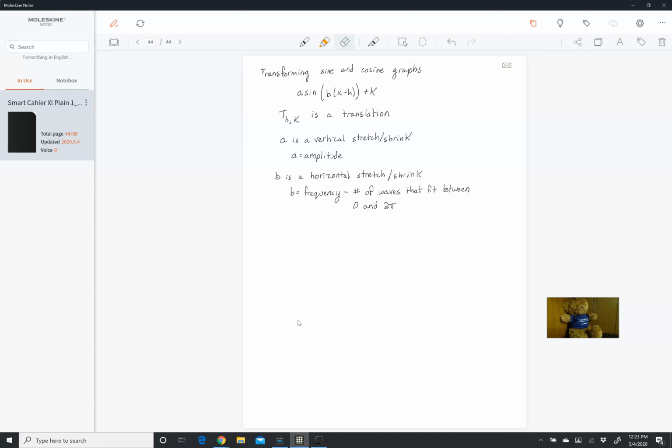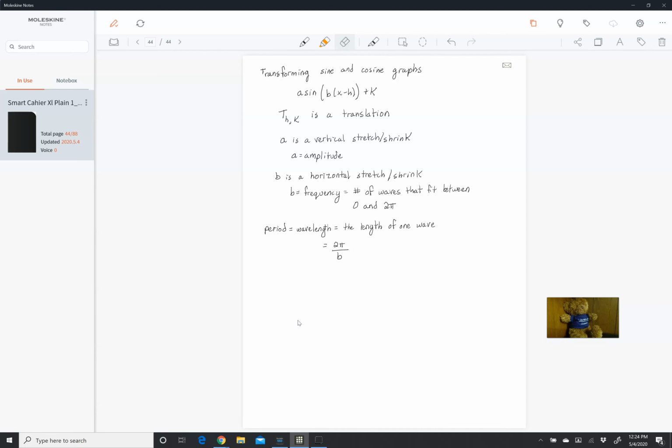So the wavelength, or the period, is the length of one wave, which is equal to 2 pi over the frequency.